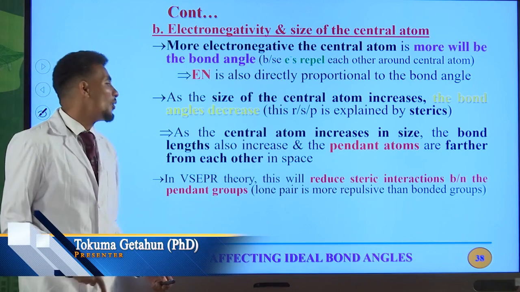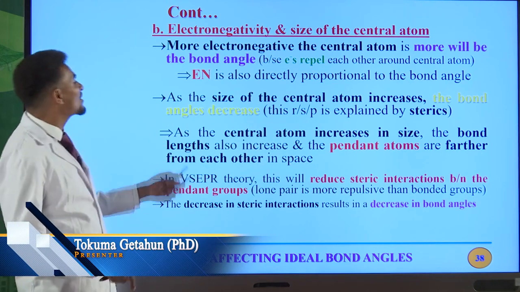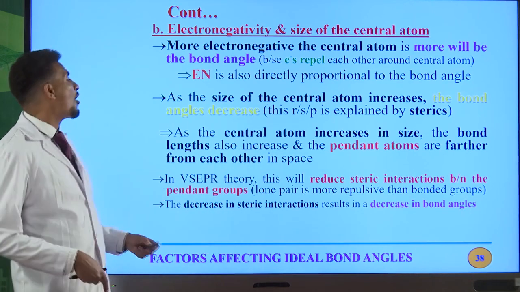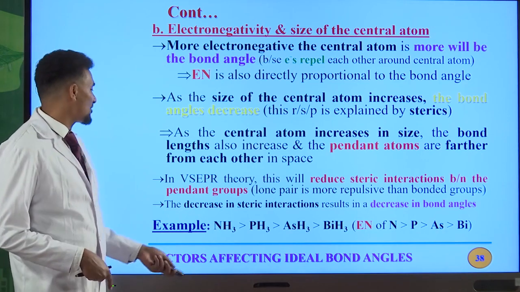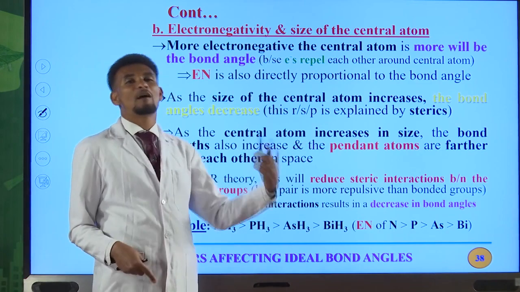Okay, you are familiar with steric hindrance. Let me show you one example. As the central atom increases in size, the bond length also increases, and the pendant atoms are farther from each other in space. This reduces the bond angles. So these are the best examples. All of them have trigonal pyramidal shape.